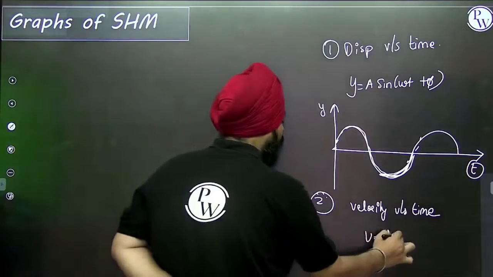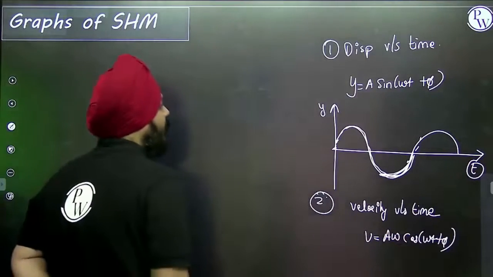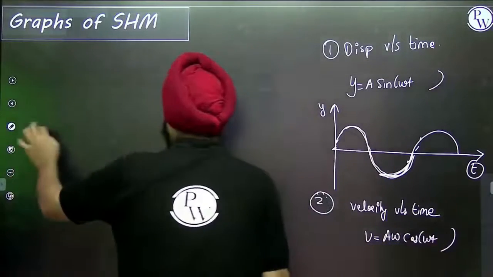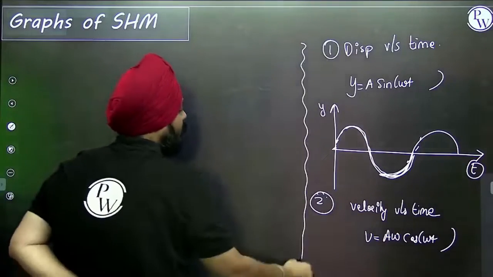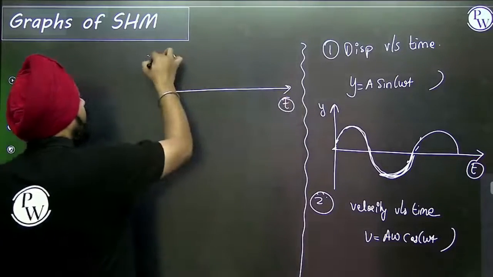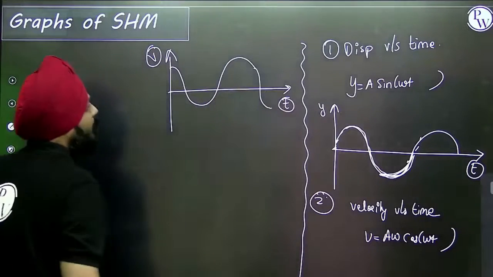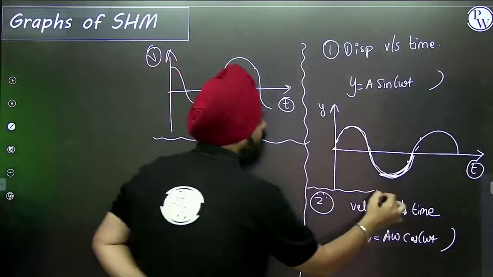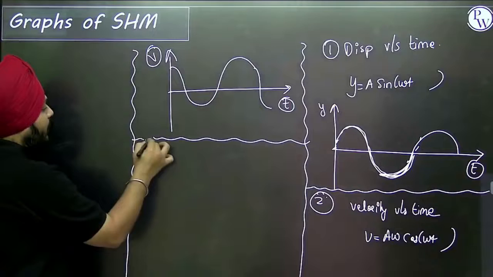V is equal to A omega cos of omega t plus phi. We can remove this phi. Now the velocity versus time graph: what will happen here? This is the variation of velocity. Third, the acceleration versus time graph.